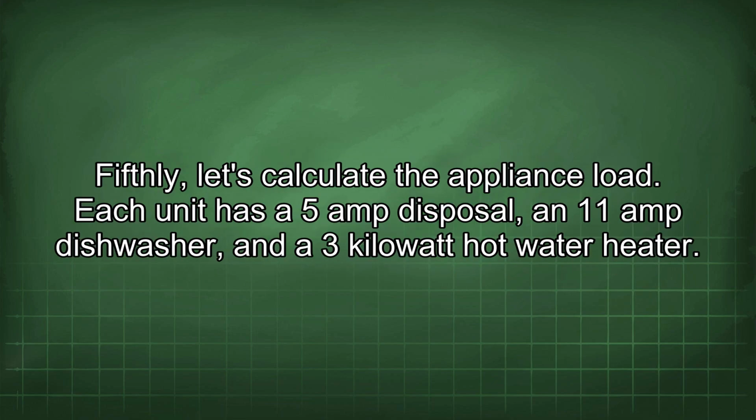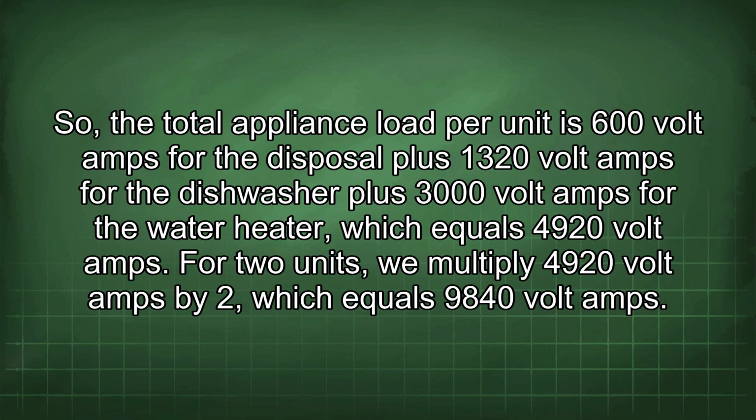Fifthly, let's calculate the appliance load. Each unit has a 5 amp disposal, an 11 amp dishwasher, and a 3 kilowatt hot water heater. So, the total appliance load per unit is 600 volt amps for the disposal plus 1320 volt amps for the dishwasher plus 3000 volt amps for the water heater, which equals 4,920 volt amps.